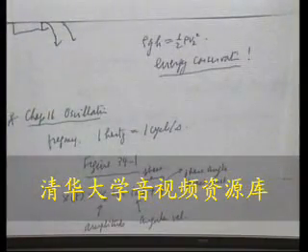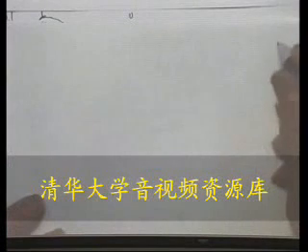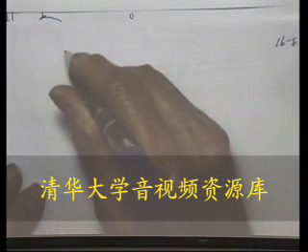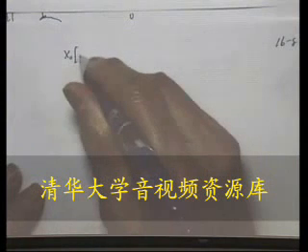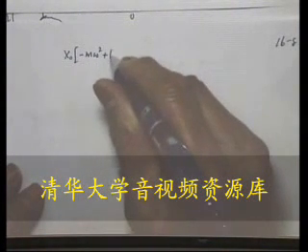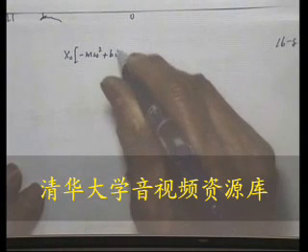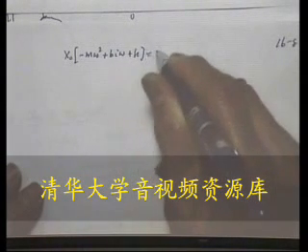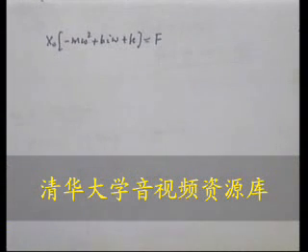So we get x0 times minus m omega squared plus b i omega plus k is equal to f. No more x.